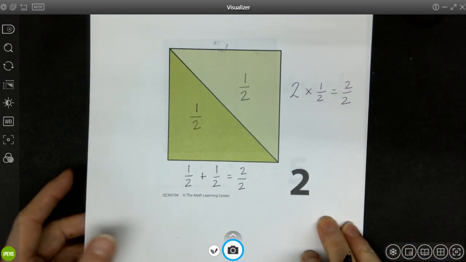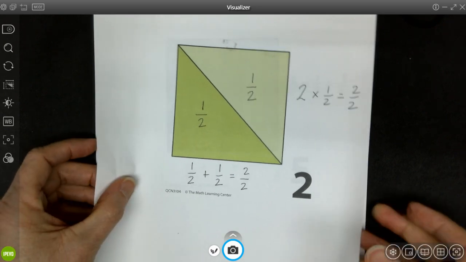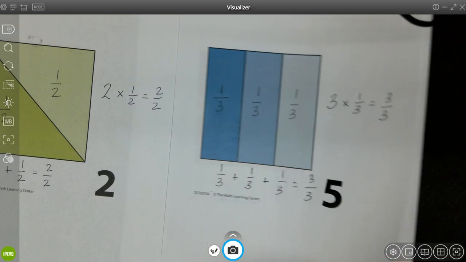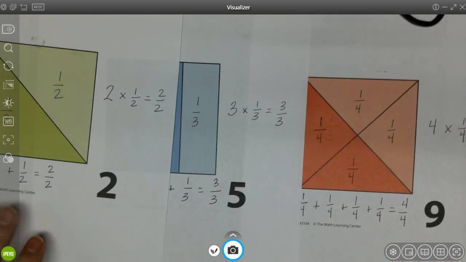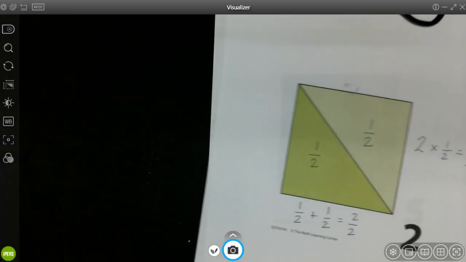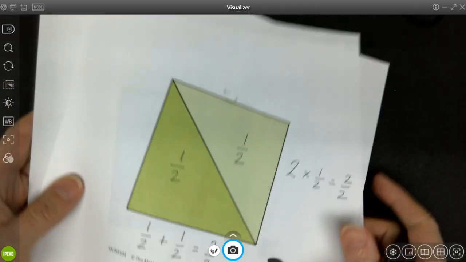Now, the other thing I want to point out to you is because all of these represent the same amount, we have thirds and we have halves and we have fourths, that square is equivalent. They're all a whole. So I could actually write this equation.